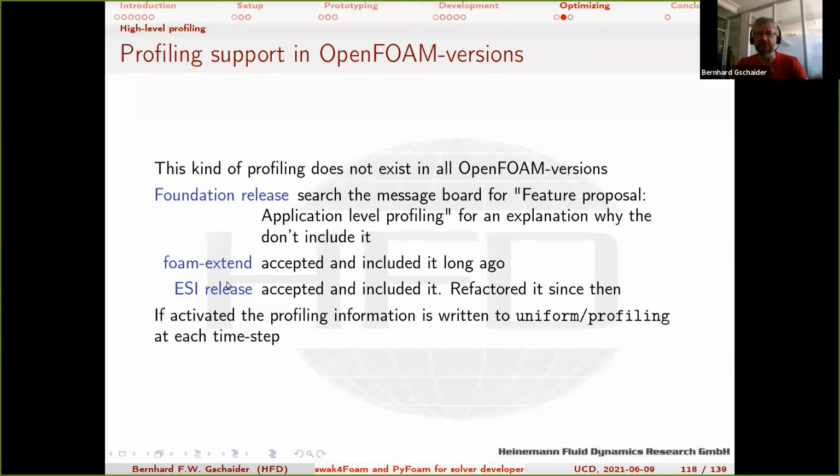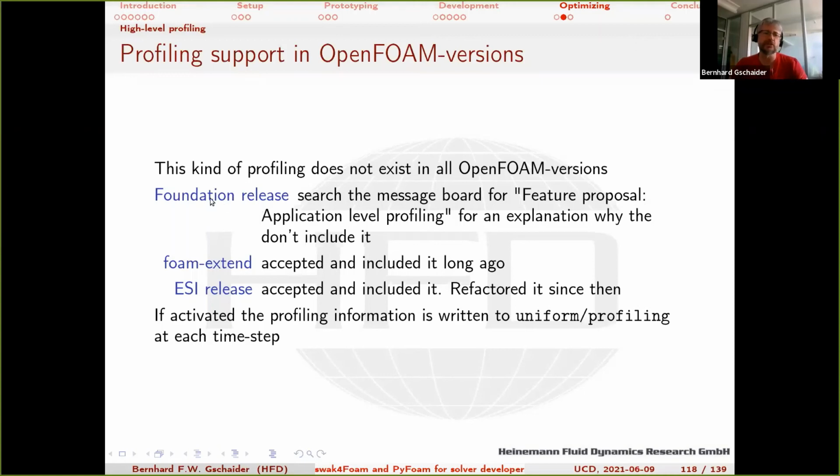Foam Extend accepted it and included it long ago, and ESI also accepted it and included it a couple of years ago, and they have since refactored it a bit. But what these two implementations have in common is that they write the profiling information to the time directory, in a subdirectory uniform, into a file profiling.